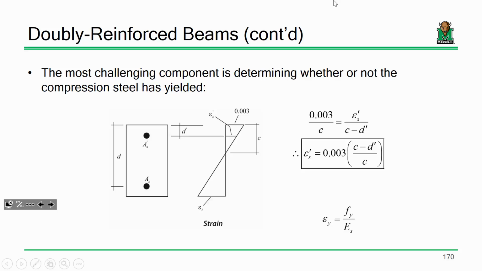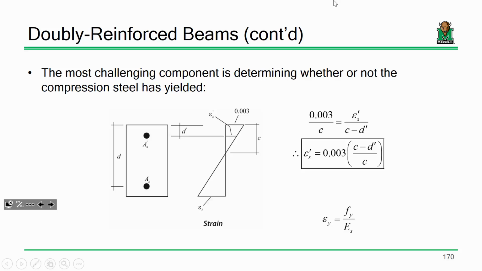Now, what we do for compression steel is we use a very similar ratio with similar triangles to determine the strain in the compression steel. One of the things you'll find with notation is, from the top to the tensile steel, we call that d, right? From the top to the compression steel, we call that d prime.